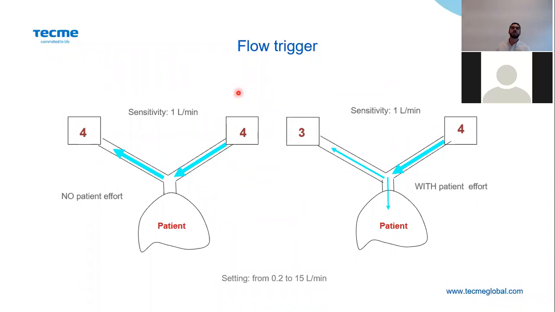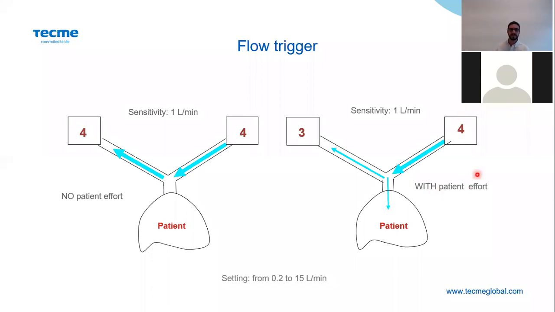So the ventilator will deliver a certain amount of base flow here, and then it will measure this value again. If there is no patient effort, that means that the patient is not taking any flow or any volume. The values that the ventilator delivers and measures in the expiratory part will be the same. For example, in this case, 4 and 4.